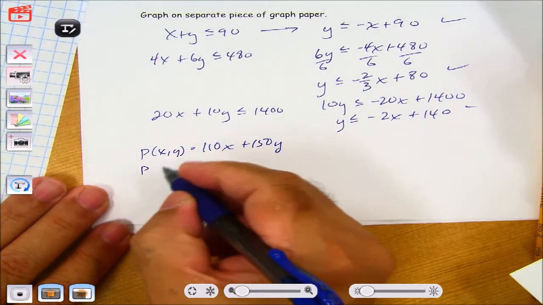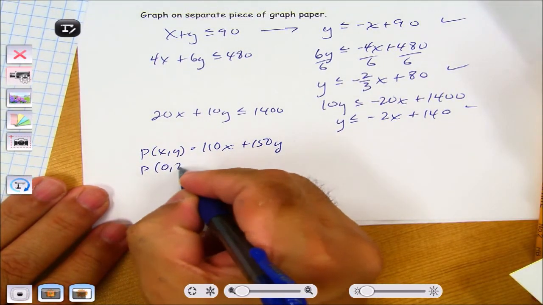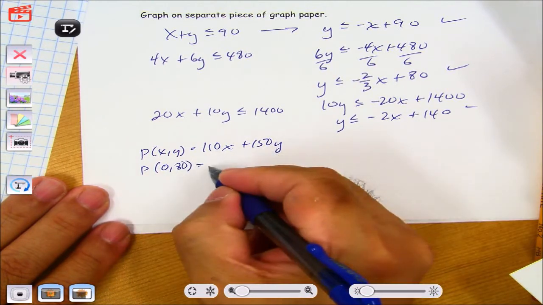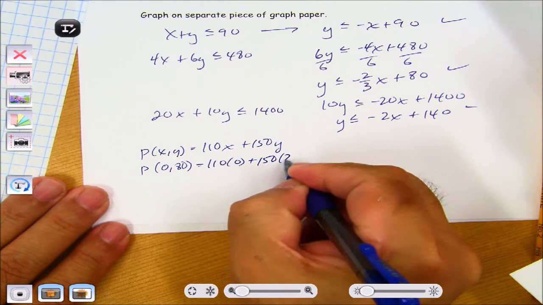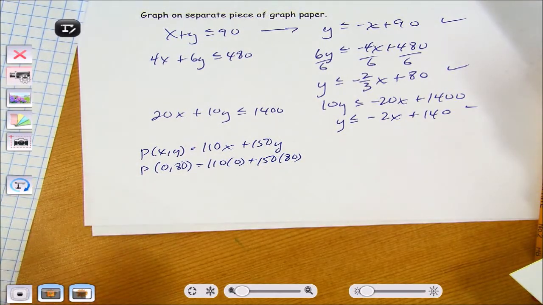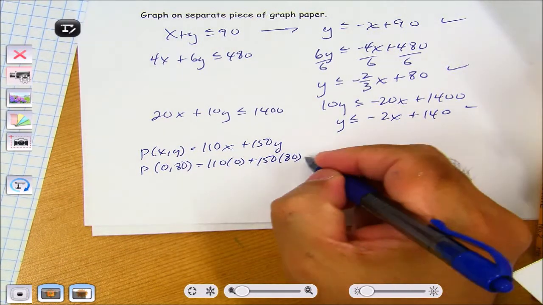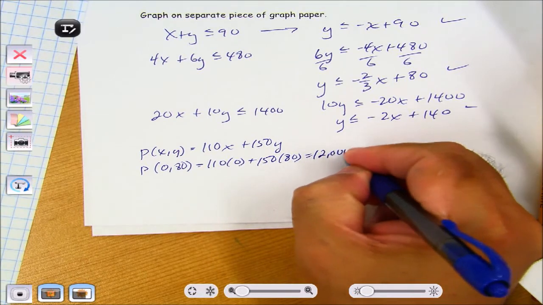Let's start with 0, 80. 110 times 0 plus 150 times 80. Pull out a working calculator. And I got 12,000 in profit.